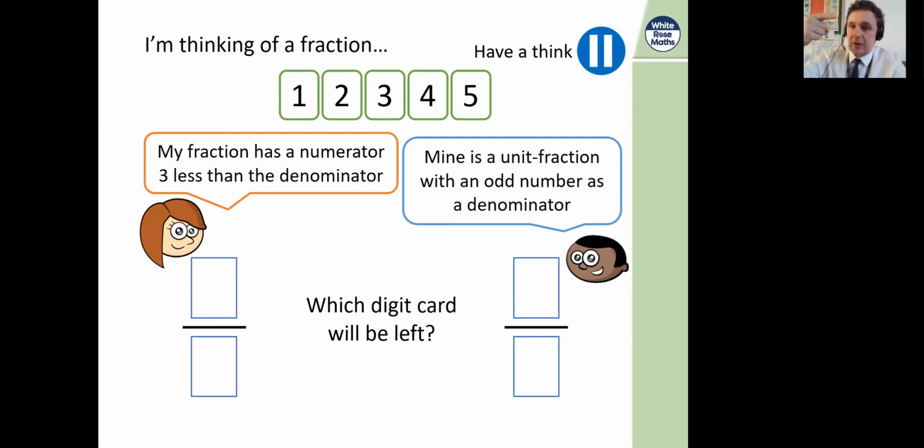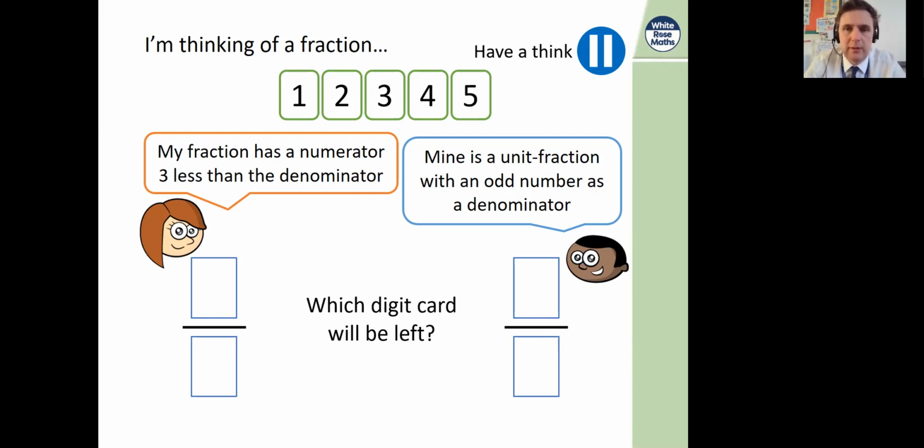So the top of the fraction is a number that is 3 less than the denominator on the bottom. The boy says, mine is a unit fraction with an odd number as a denominator. The question is, which card will be left? Year 4, do you want to pause the video now and have a go? As a clue, I'd say start with the boy's one.